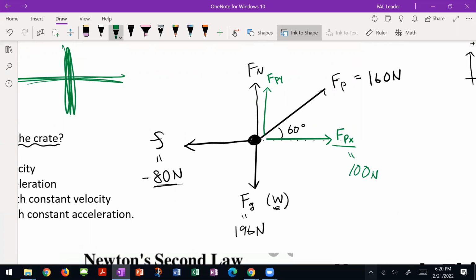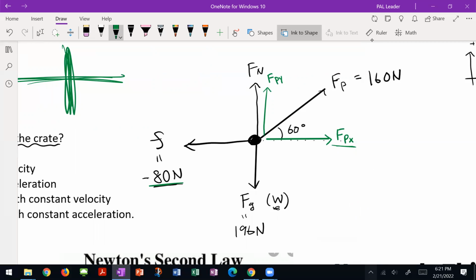I'm just saying, what if? If you look at our horizontal forces, the right side is 100 and the left would be negative 80. 100 is bigger than negative 80, so if it was 100 newtons, we can say that the mass is moving to the right. But we don't know that. So we actually need to calculate what Fpx is, and we can do that because they gave us enough values.